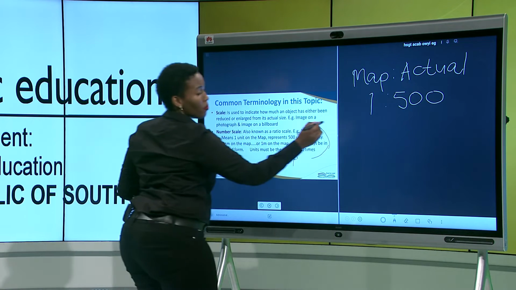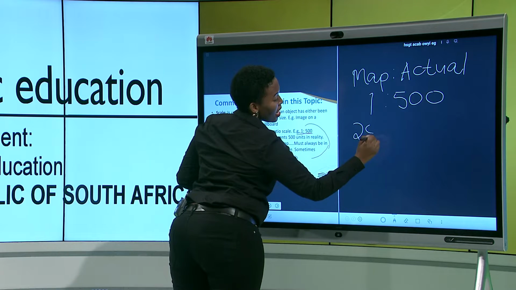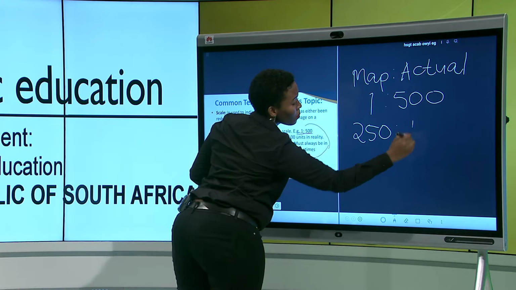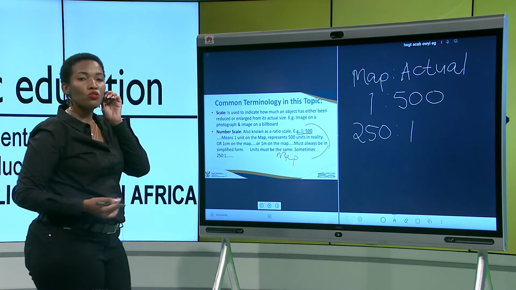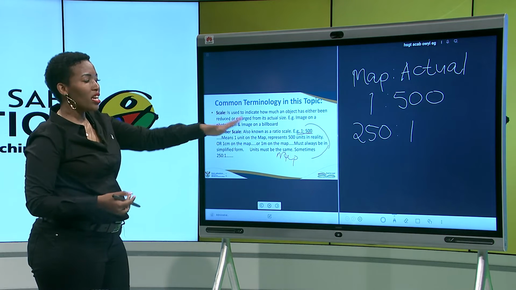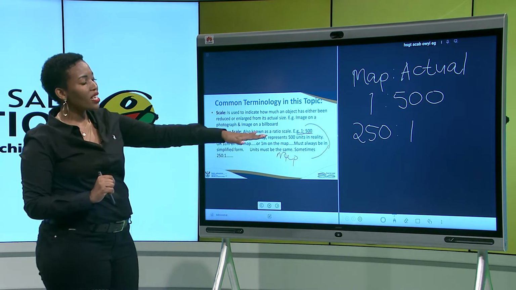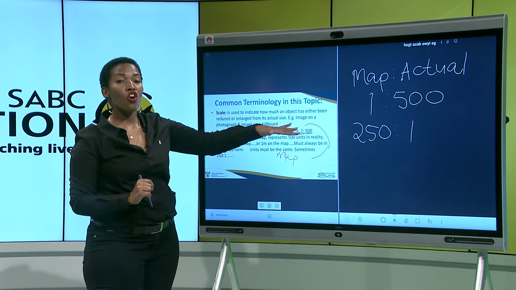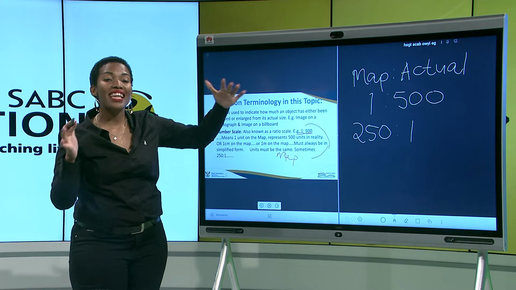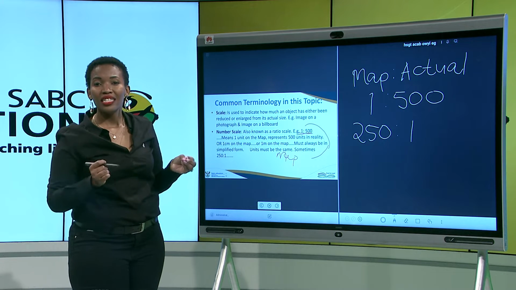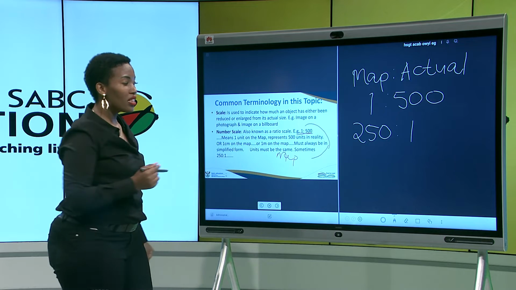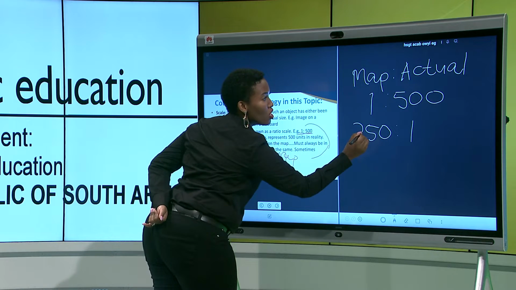Sometimes you will get a scale like this, 250 is to 1. And how do we explain this? You don't panic and say, no, the 250 is the actual. No. When your scale is like this, it means now your object has been enlarged from its original size. So how would you explain this scale again? This is still your map distance.